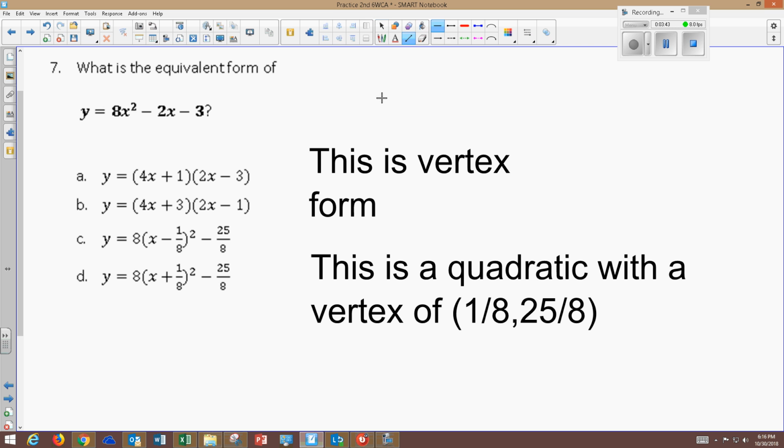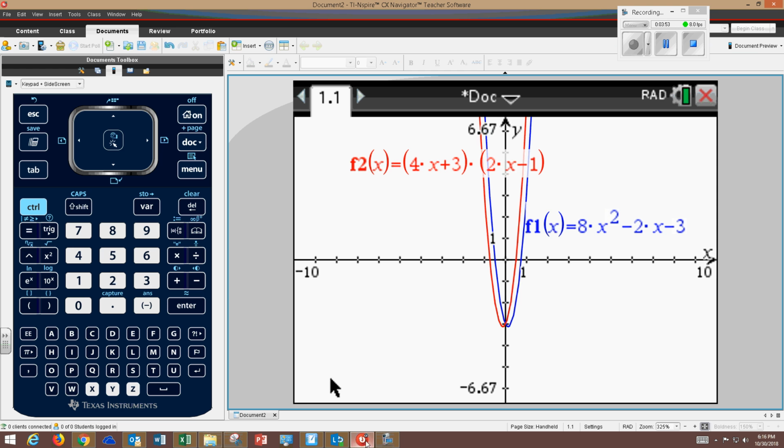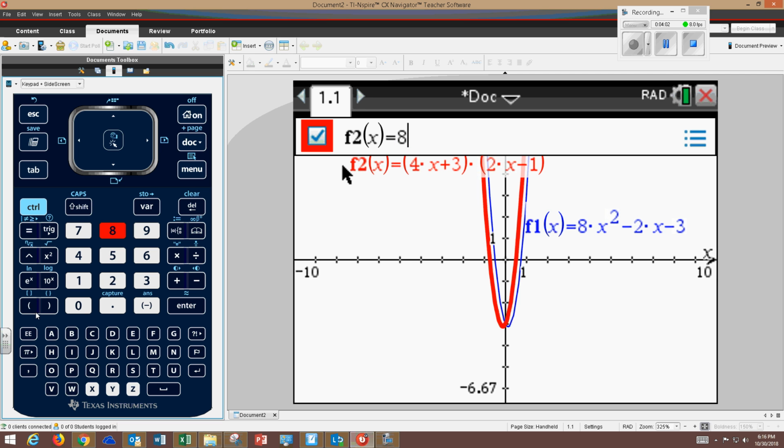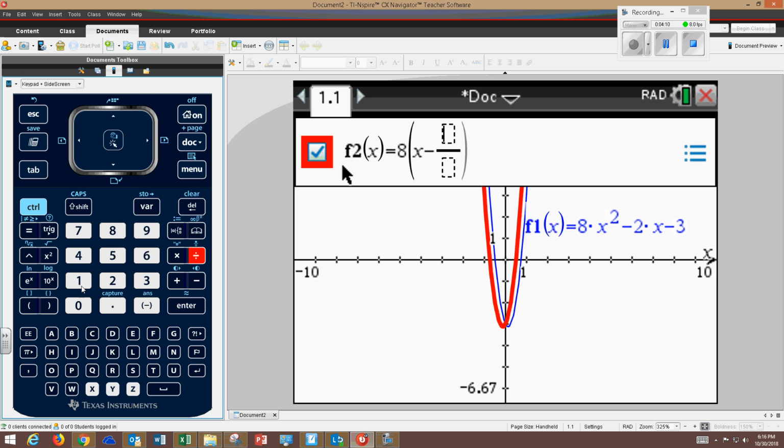I'm going to draw an arrow so you know that's exactly what I'm talking about. So, all right. So let's go ahead and graph this one. So I'm going to change it. I know this didn't work. So let's go ahead and put that in just like it is. We can put in 8x minus, and I believe we had a 1/8 there. 1/8.